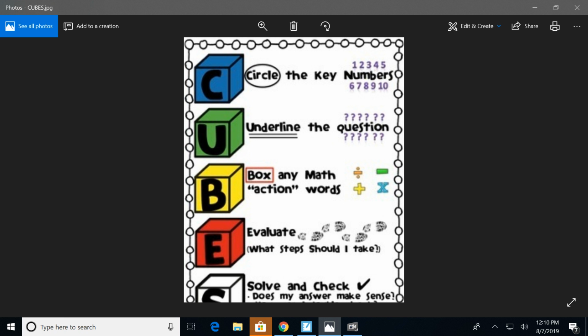What is the height of a kiwi in inches? So you need to circle your key numbers, underline the question, and box in those keywords that help you to solve the problem.